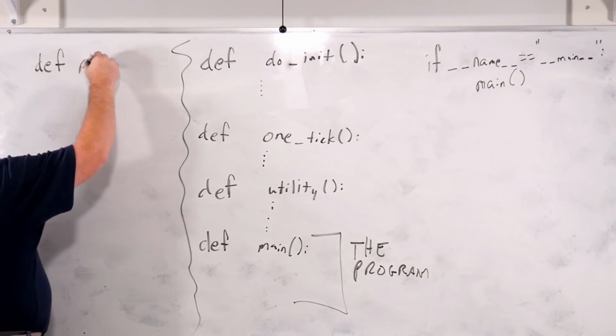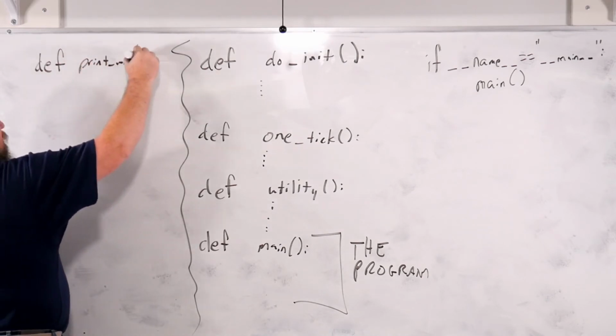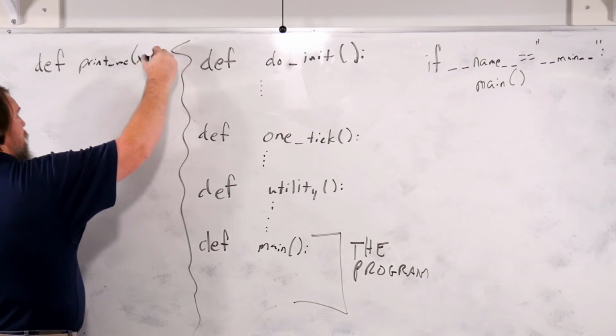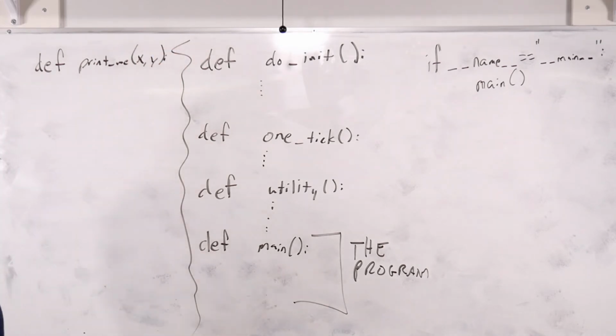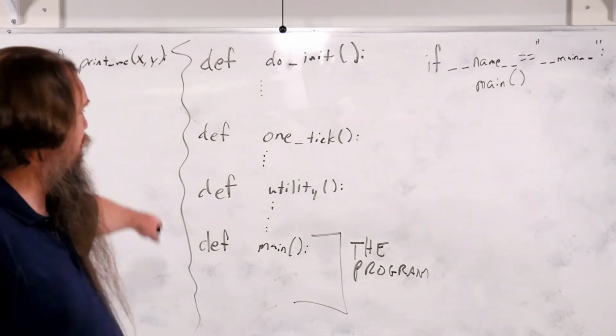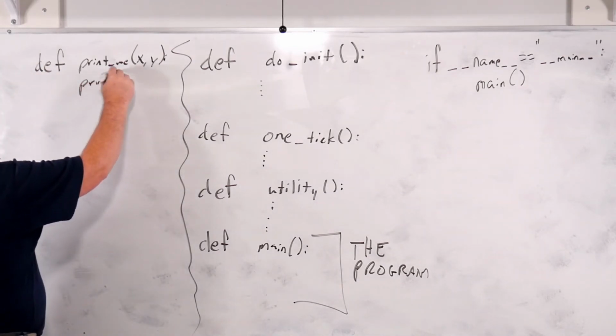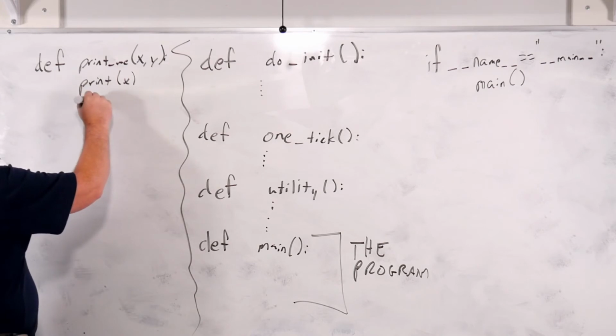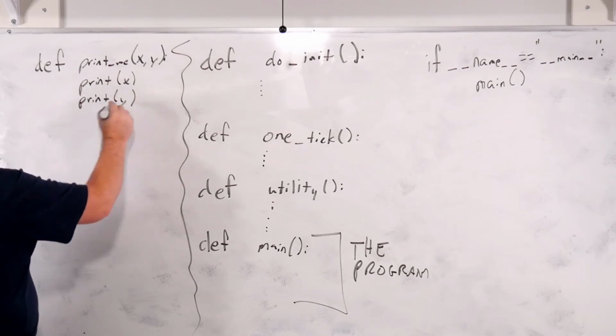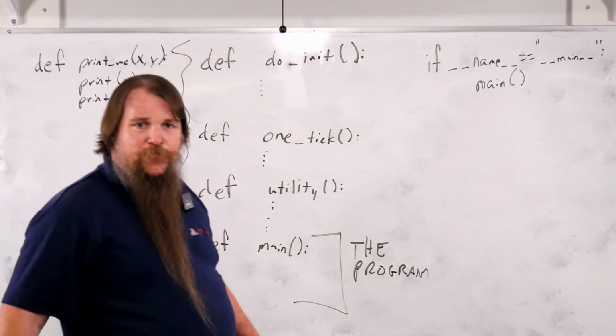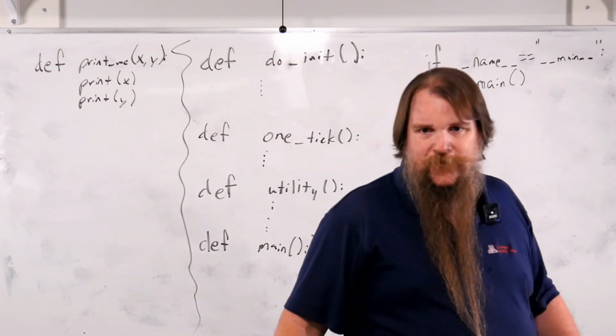Def print_me x and y. And I say, just give me a function called print_me, which will print out two arguments. Print x, print y. Now this is not a complete program.